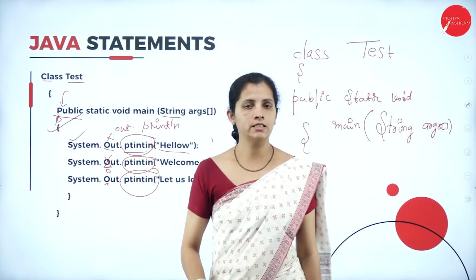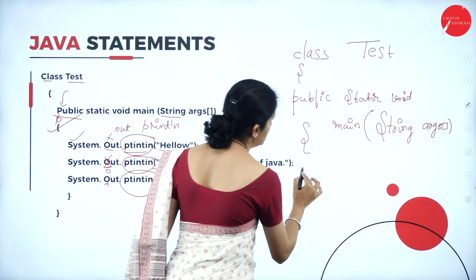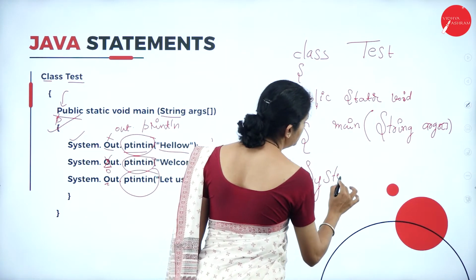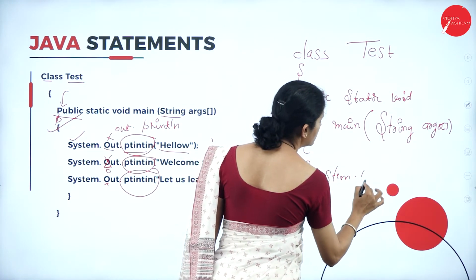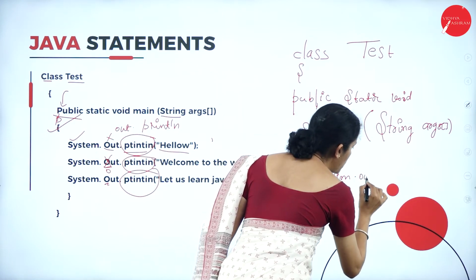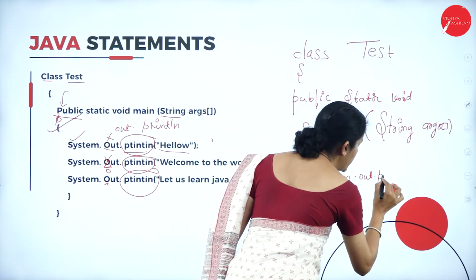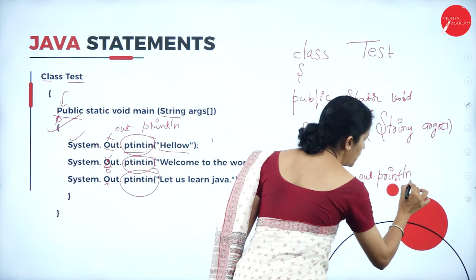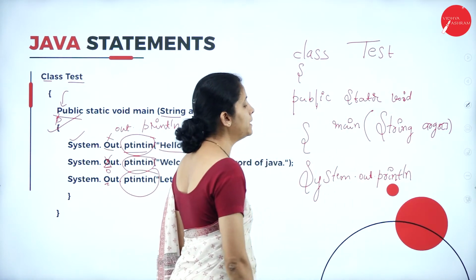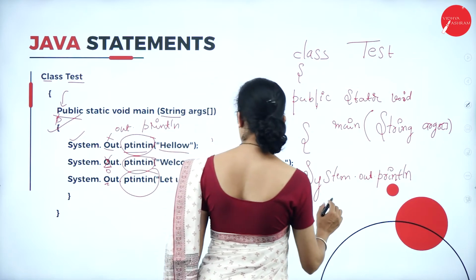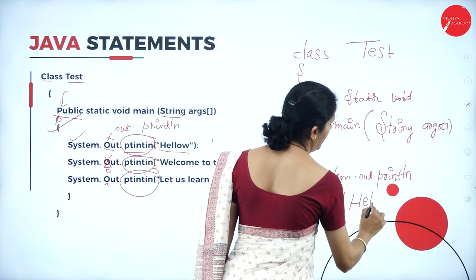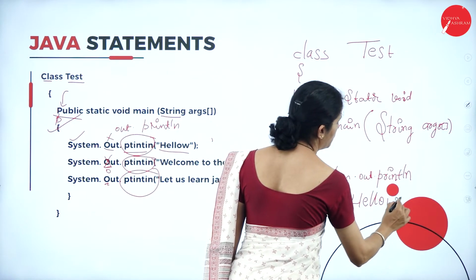Now write the statement. So what is my statement? System, capital letter S, dot, small letter o out, small letter p println. So what is println? That is nothing but print new line, and I'm going to type hello.